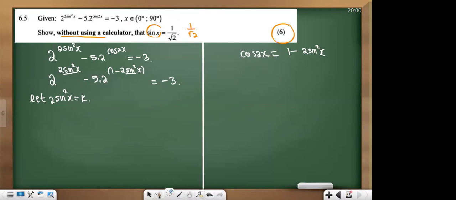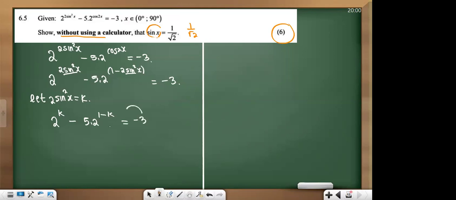I'm just going to erase this for nice space. Wherever I see this, I'm going to put k. So I have 2k minus 5 times 2 to the power 1 minus k, which equals -3.